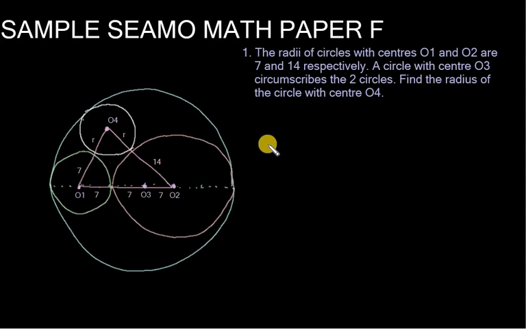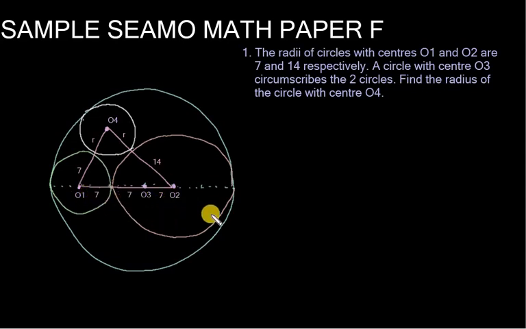To solve this problem, first we connect the centers of the three circles O1, O2, and O4 like this. We can conclude the distance between O1 and O4 is 7 plus R, between O4 and O2 is R plus 14, and between O1 and O2 is 7 plus 14.